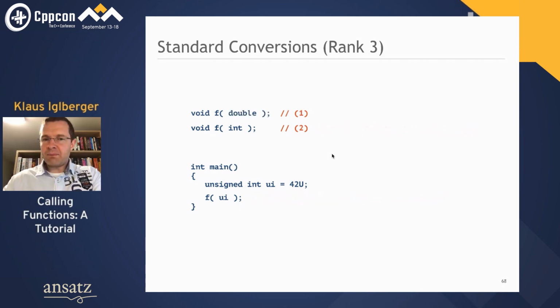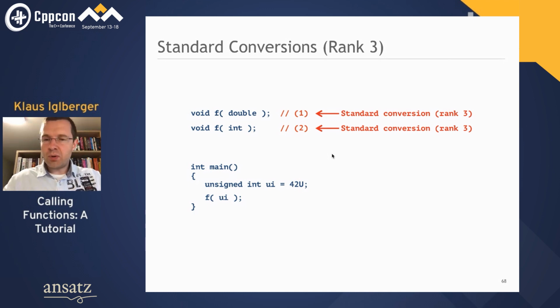Interestingly, and perhaps a little unintuitively, if the functions f with double and function f with int come together, then this call here is not calling function 2, despite the fact that this is integral. No, both functions are considered standard conversions. Both are ranked with 3. There is no special rule to say that this unsigned integer should go to the int.